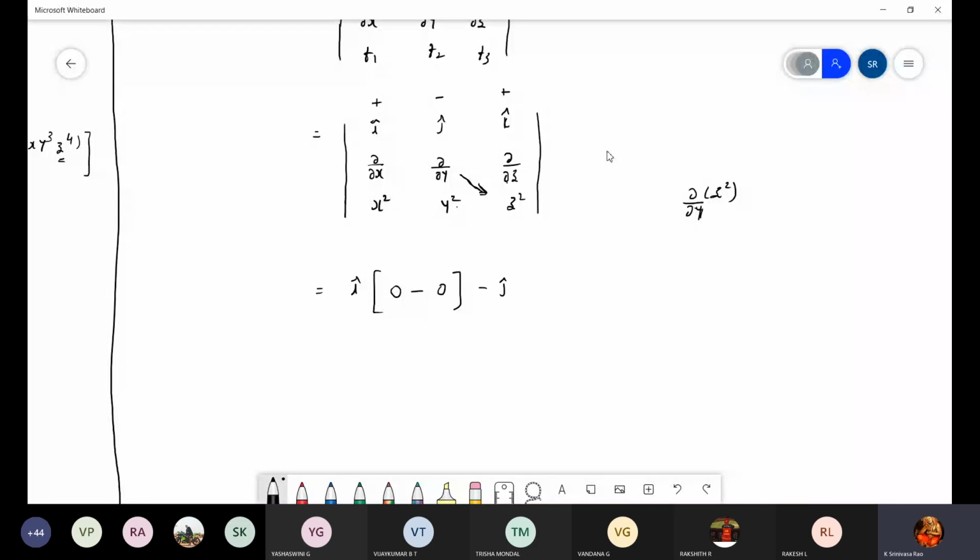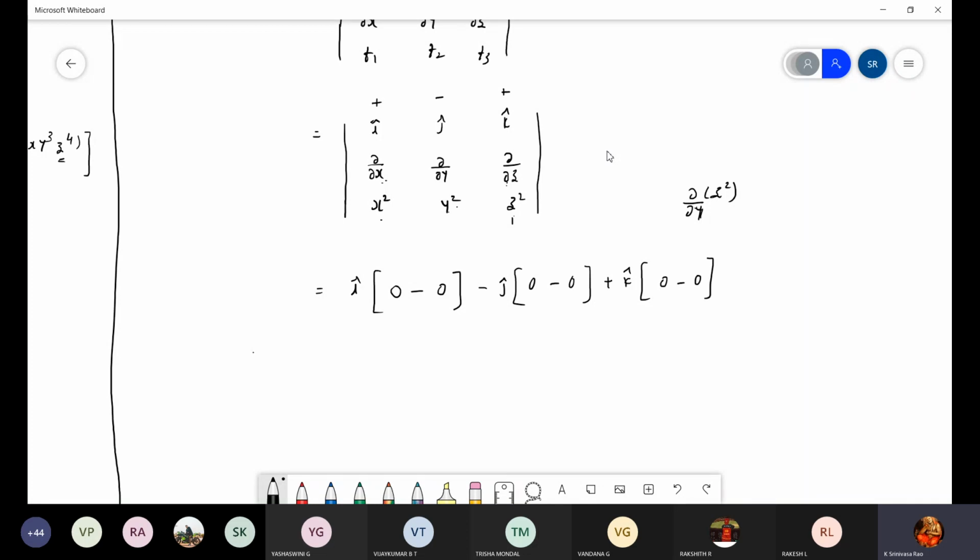Like this. Minus j cap into, particular column you neglect and particular row. Dou by dou x of z square is 0 minus dou by dou z of x square is also 0, plus k cap into, k means particular column, that is third column, and first row if you neglect, dou by dou x of y square is 0 minus dou by dou y of x square is also 0.